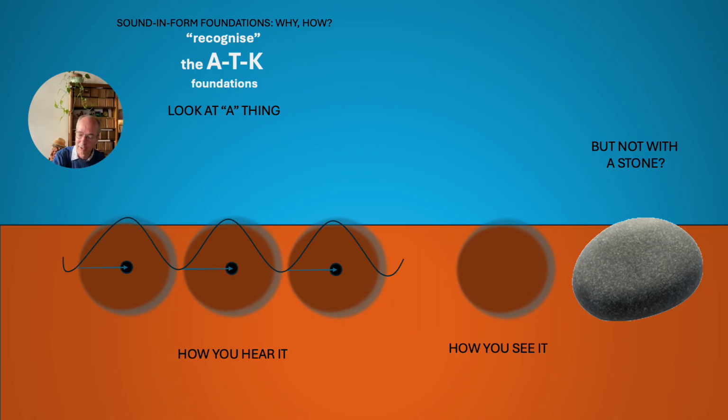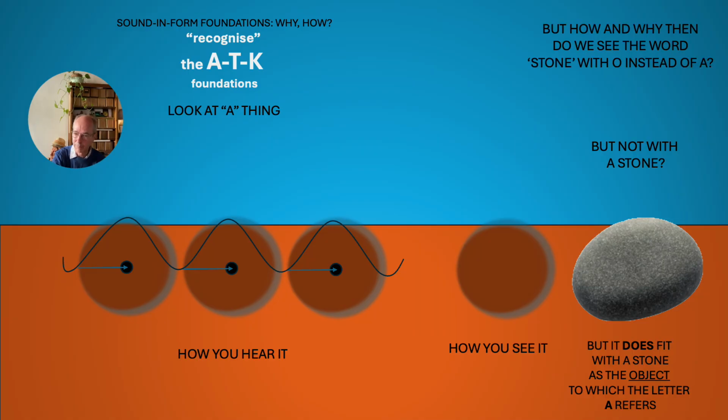So how does that come? And I immediately tell you why. In a way, actually, a stone fits with the letter A, because A refers to the fact that, yes, you're focusing upon an object. There is the A to which the letter A refers. But the object itself is with the letter O. And how does it come?